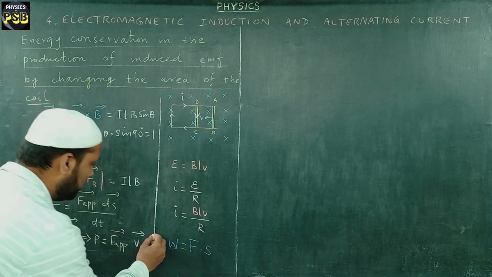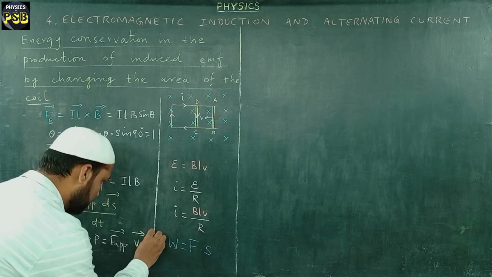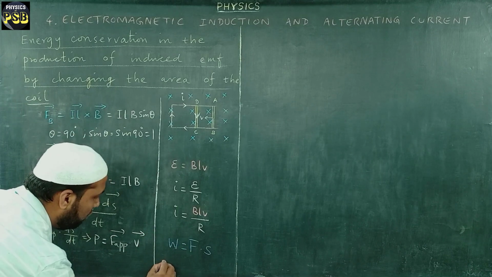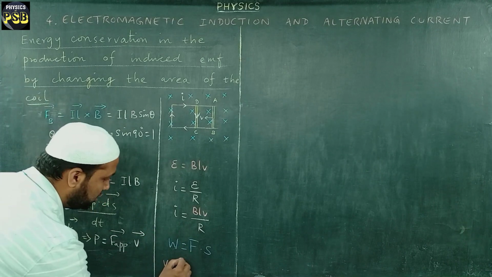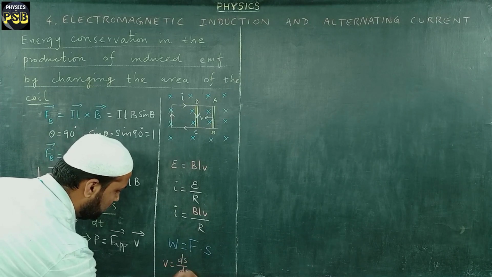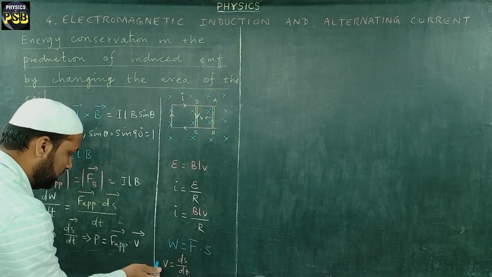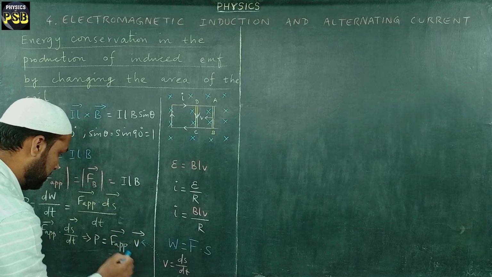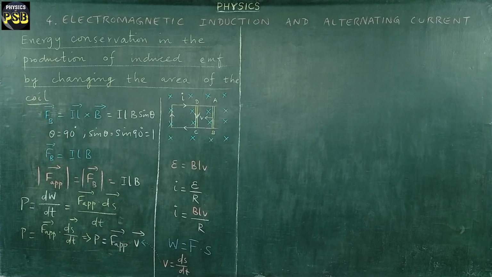How do we get this term? Let's write this here. Velocity is rate of change of displacement, ds upon dt is velocity. So from this I have obtained the v vector here. Correct.